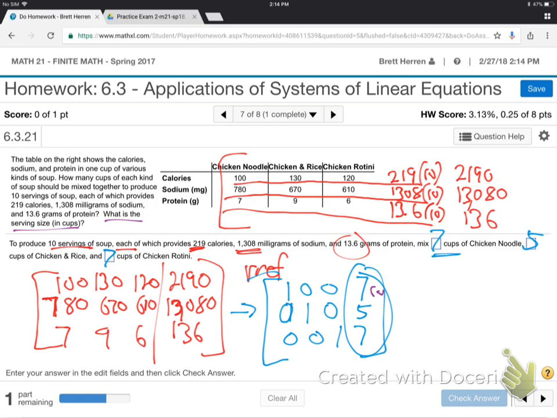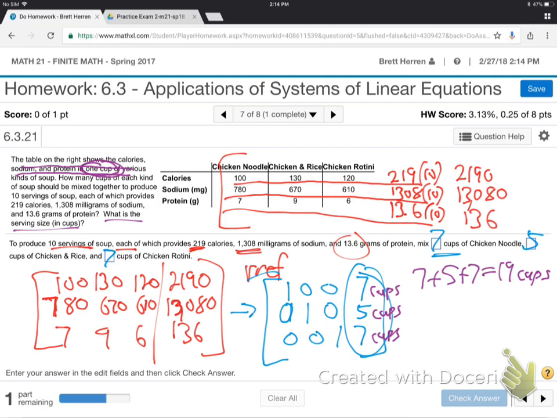These are cups, right? The table on the right shows the calories and so on for 1 cup. All of these are for 1 cup. So when we're done, these are cups. So we have 7 plus 5 plus 7, which is 19 cups. 19 total cups of soup will produce all these servings.